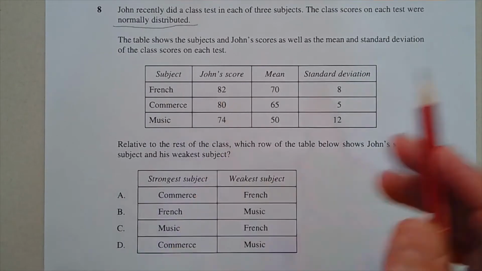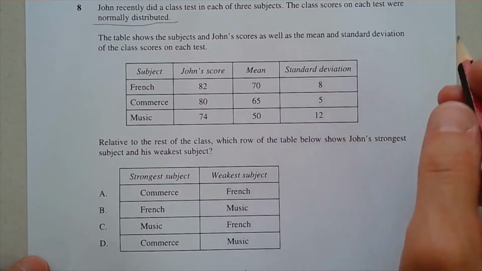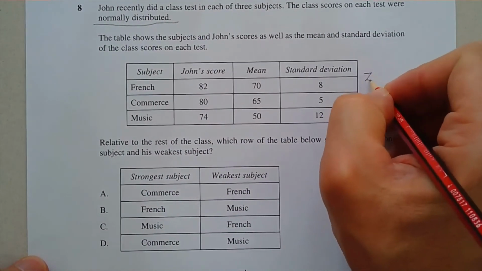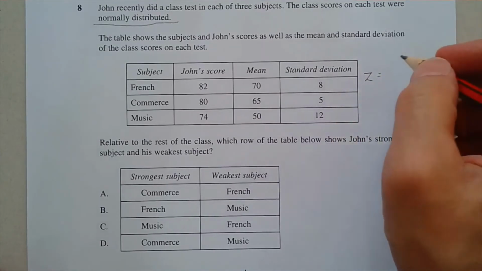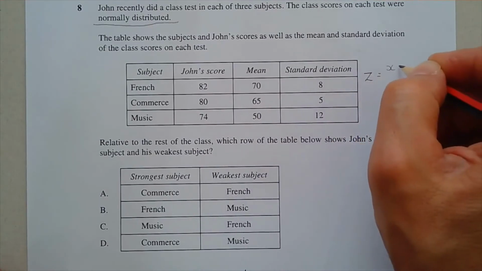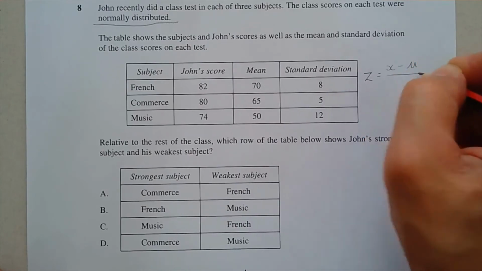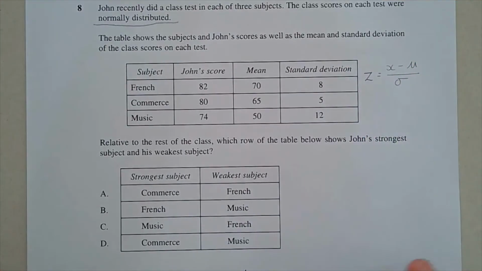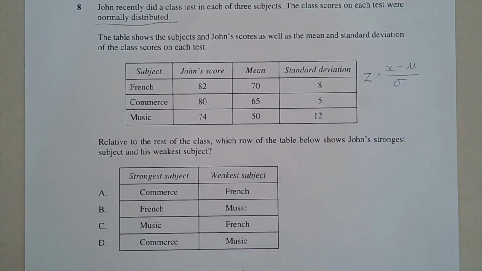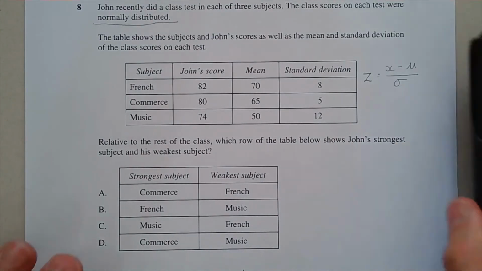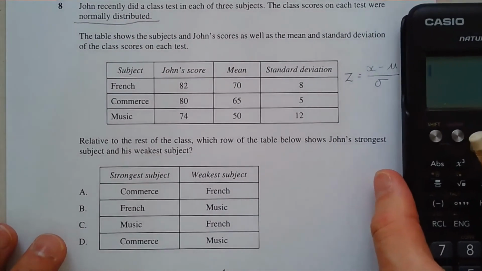So the Z-score formula, and this will be on your formula sheet, but I'm just going to write it here. Z is equal to X, so the score, minus the mean, over the standard deviation. Using that, let's work out the Z-score for each subject.